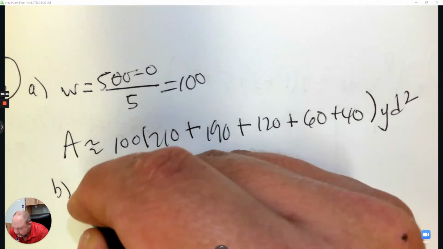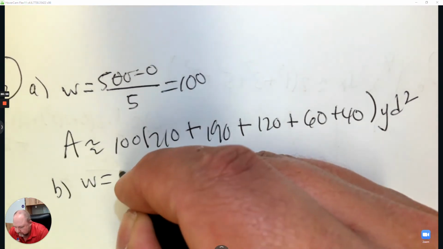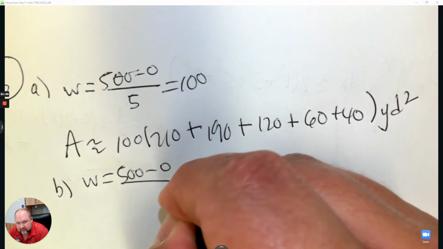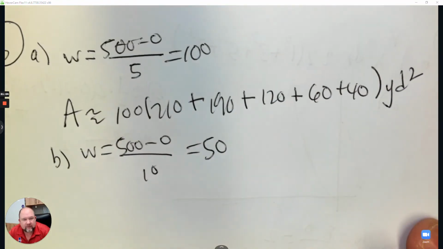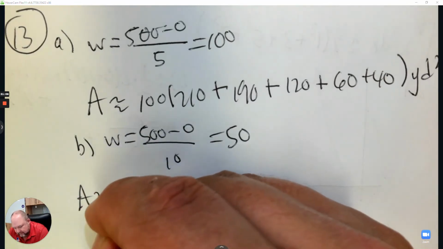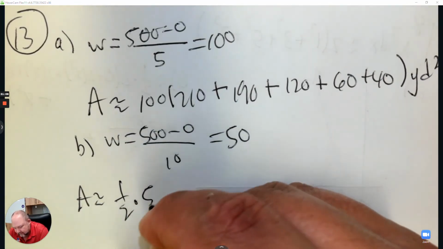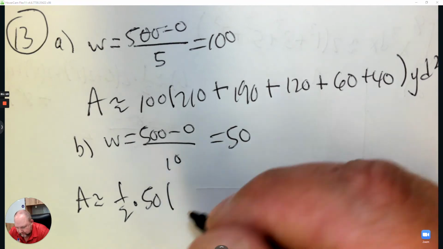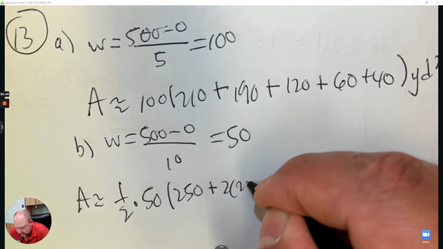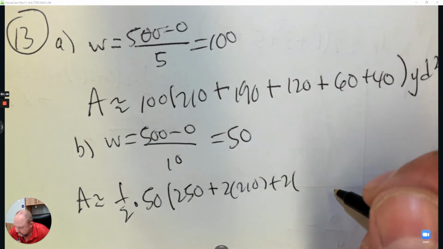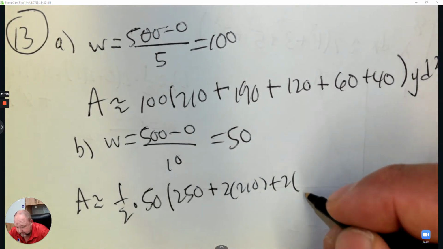B, for a trapezoidal rule, again, the upper minus the lower bound, but this time divided by 10. So now it's every 50. So now the area would start with 1/2 times 50. The first height is 250. Then every 50, you double. There's going to be a lot of numbers here.